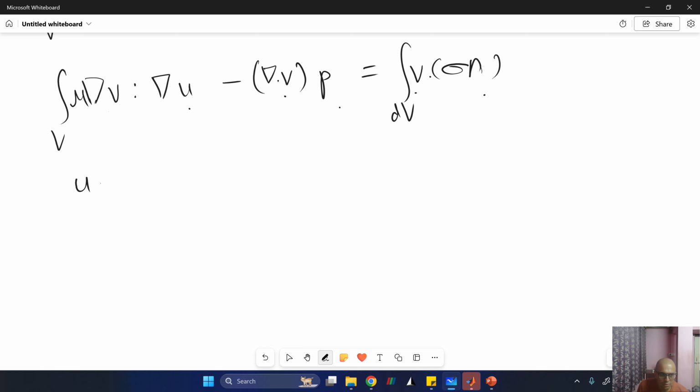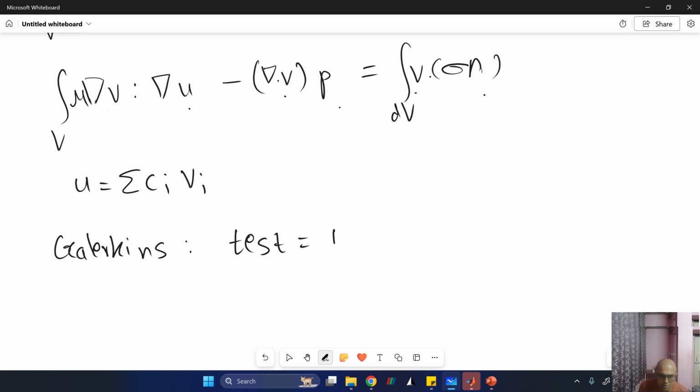So let's just write this down again. So u can be written in your FEM discretization as a linear combination of some coefficients times your vector test functions, right? Because we are using the Galerkin's case, and in the Galerkin's case, your test functions and trial functions are the same.